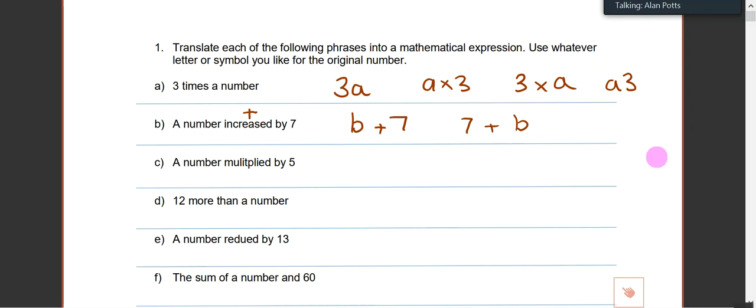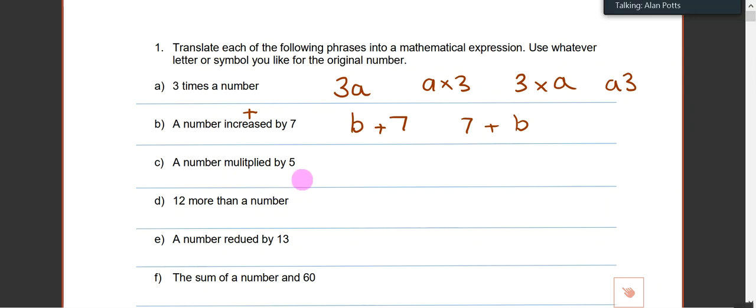It's not being increased by. So for instance, if you've got $10 in your pocket and I increase that money by $7, how much money have you got? 17. But if I multiply it by 7, that would be $70. So that would be a lot different. I'm not giving you $70. Not even giving you 17.